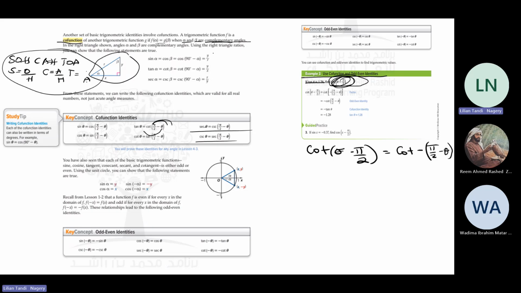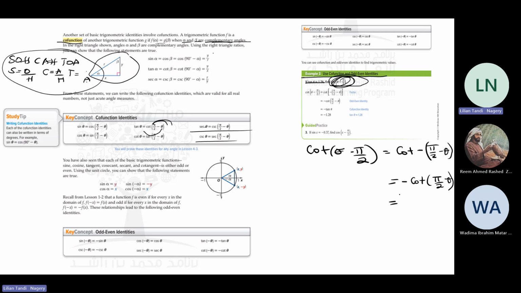Because a negative times a negative needs to bring me back to the positive, and a negative times a positive needs to bring me back to the negative. Now this does not look like good math. The sign must come first: cot of pi over 2 minus theta.